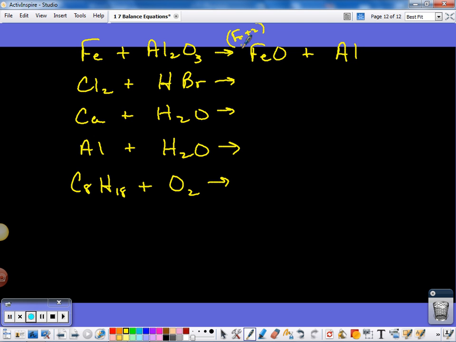So we have a potentially positive element, and it's going to replace the positive part of that compound. Okay? We don't want to finish up and have two pluses together, or finish up and have two minuses together. So we have 2 here, and a 3 here, and a 3 here, balances it.